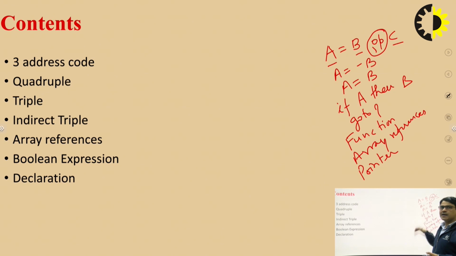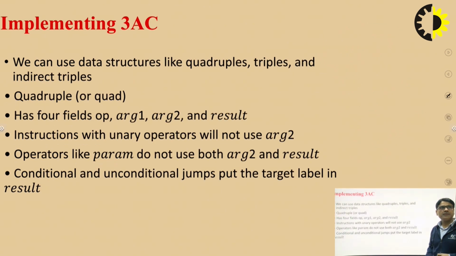These are all the types of 3-address statements where we have defined some semantic actions to convert them into 3-address code, where we get every expression into this form.